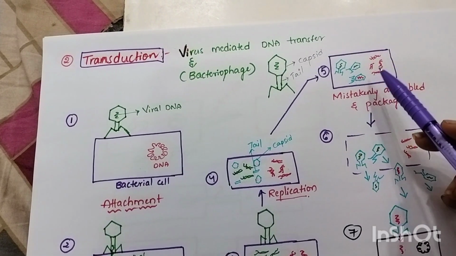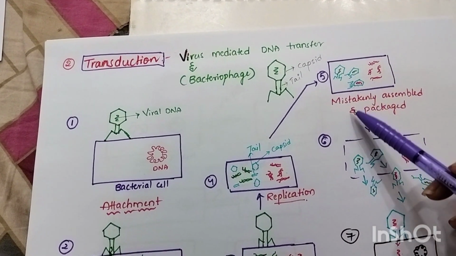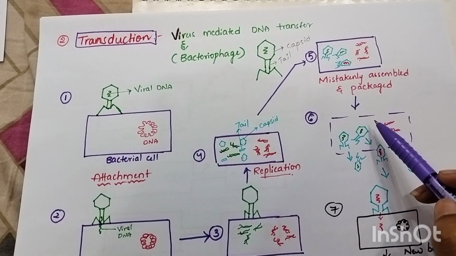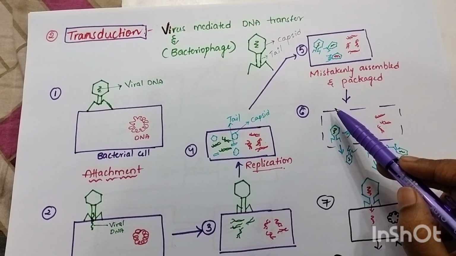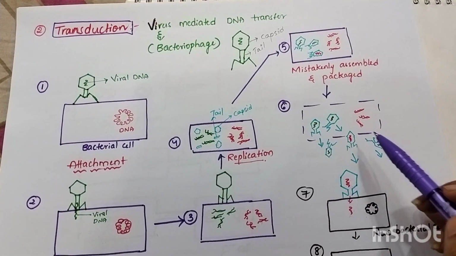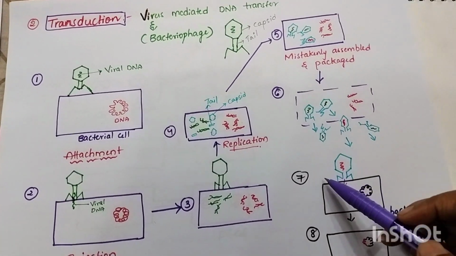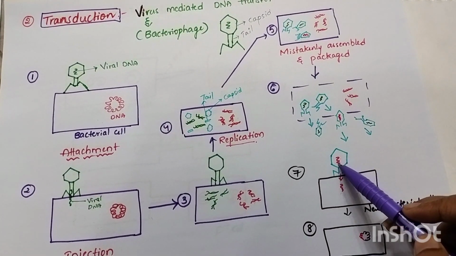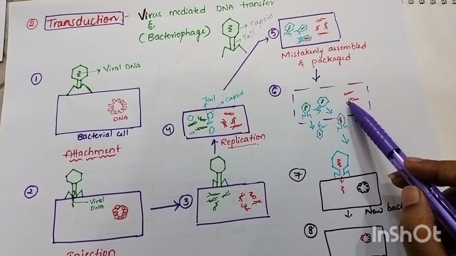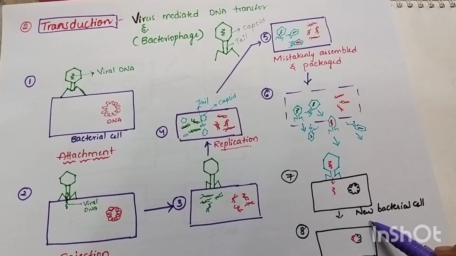Once all these bacteriophages are accumulated, they release an enzyme called lysin, and with the help of that lysin, they break the cell wall and release out. Once they release out, they again go and infect other bacteria.